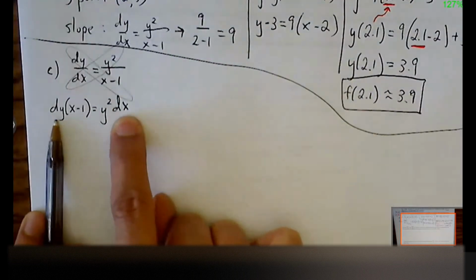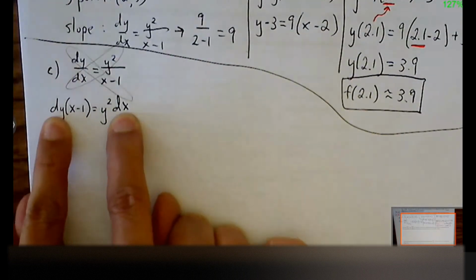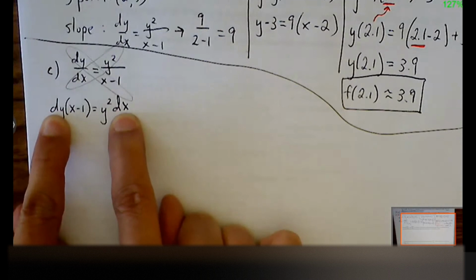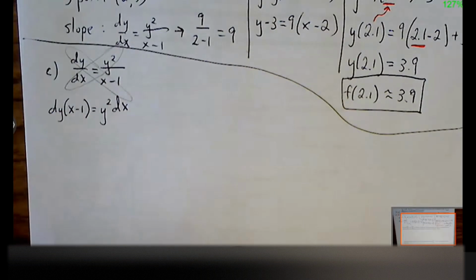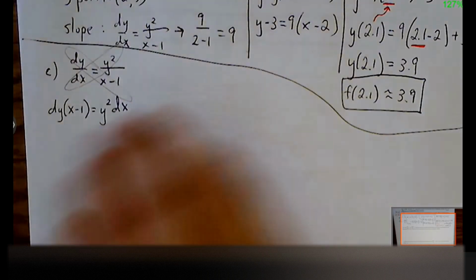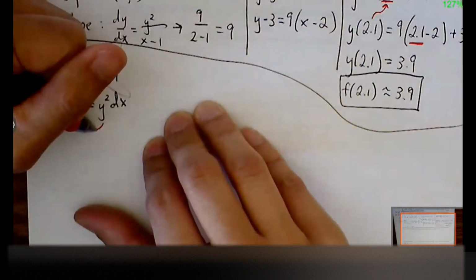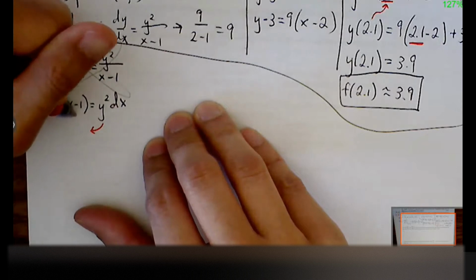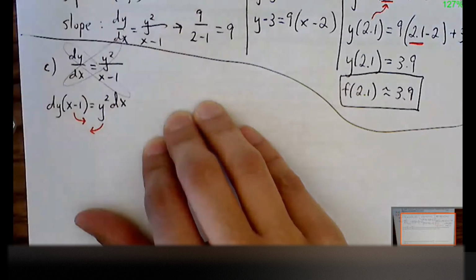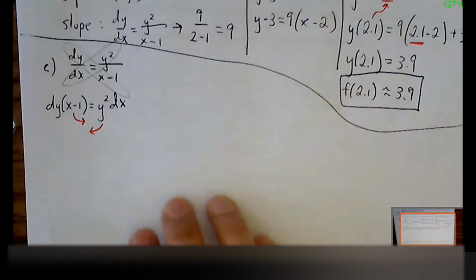So if we look, dy, dx are locked in, those are good to go. But we see the x minus 1 and the y squared being out of place, right? So they're both going to have to divide over to the other side. They're going to both end up being in the denominator on the other side. So we've got to divide the y squared over, and we've got to divide the x minus 1 over because they're not in the right places.